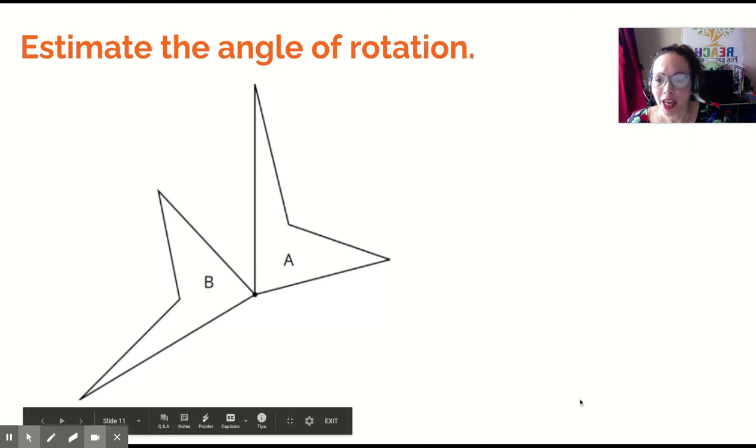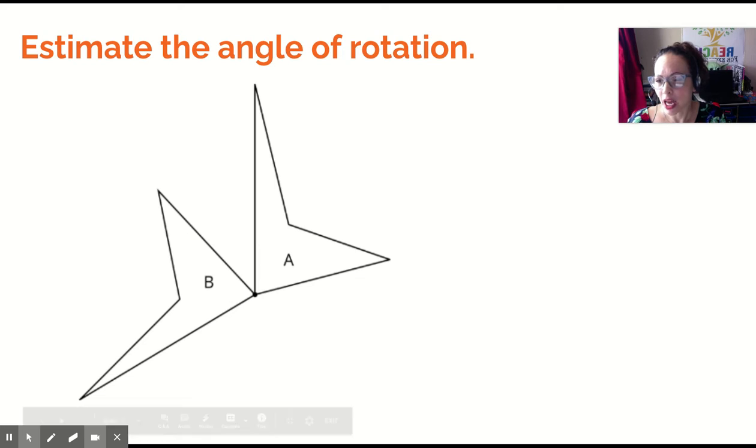So if we were to look at A and B, you might be able to tell that image A, this polygon A, many-sided figure, is the same as image B. It's just been rotated.